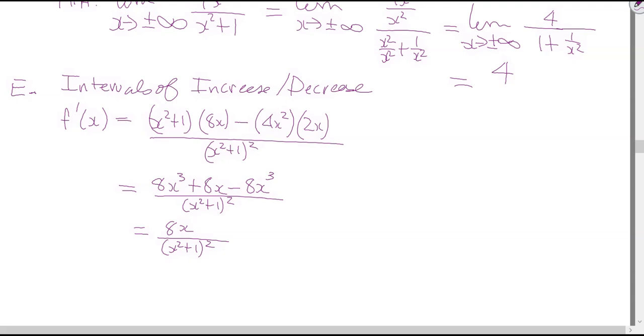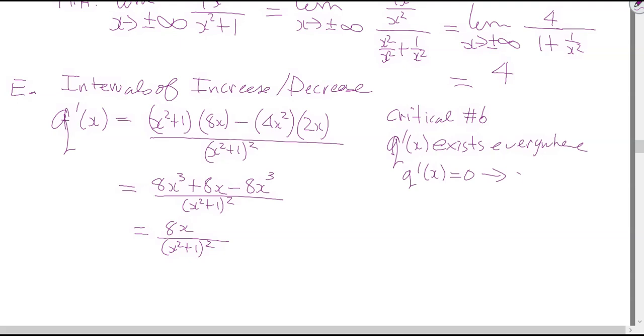So critical numbers just going to be 0, right? That's always positive and defined. So critical, go to Q. Q prime of x equals 0 means x is 0.